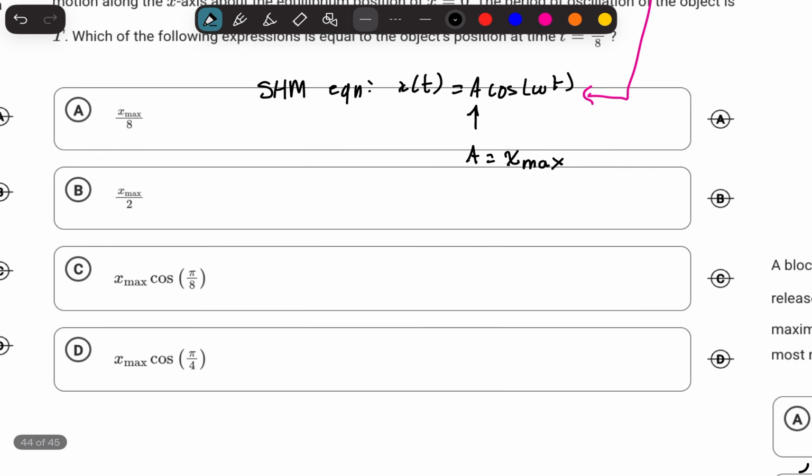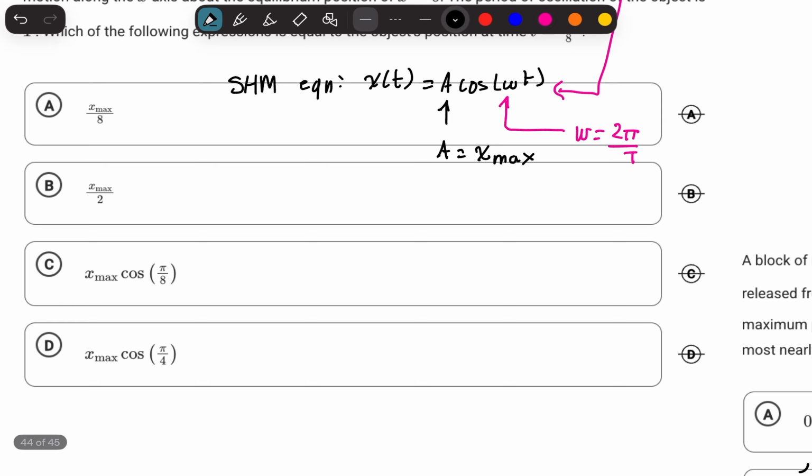Now, what is our angular frequency omega? Omega is equal to 2 pi divided by T. Now, you set that in, so you have x of t is equal to x max for your A, and you have cosine of 2 pi over T times time still.